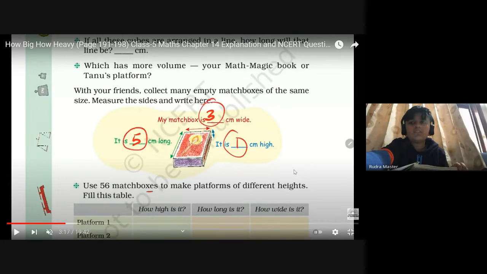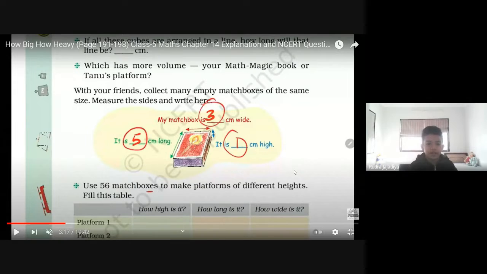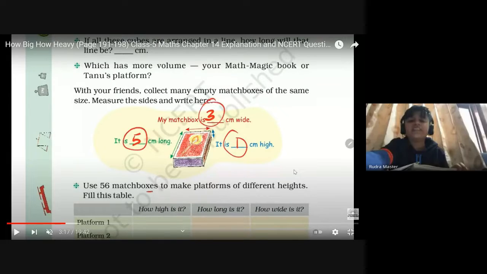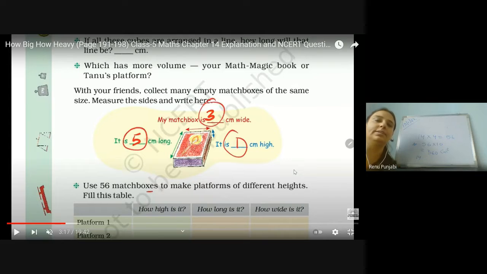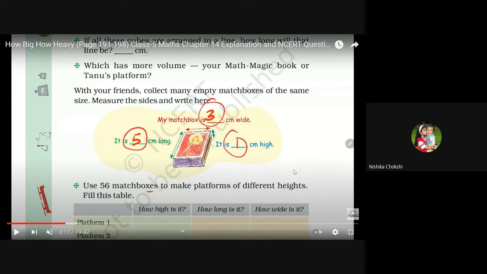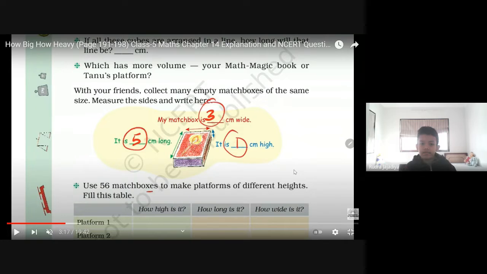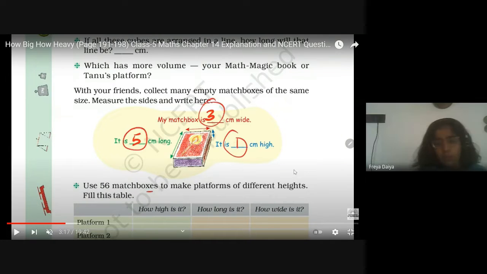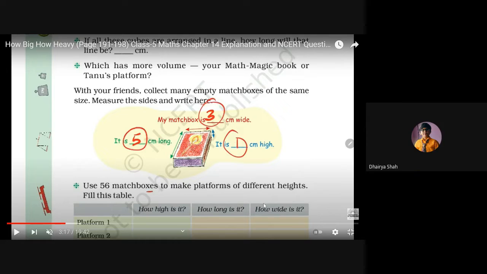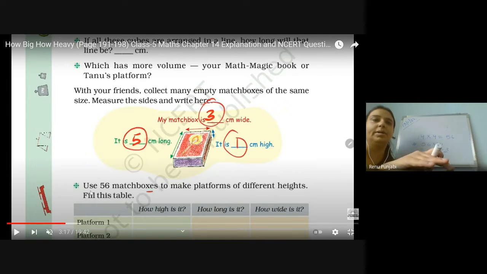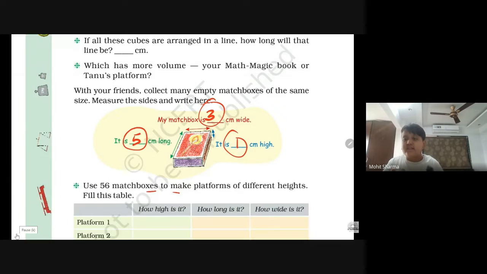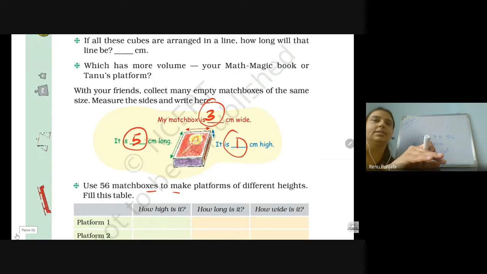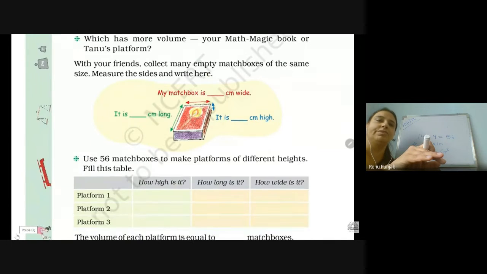It will be 15 cubic centimeter, not 16. 1 को add नहीं करना है, multiply करना है. 5 3s are 15 and 15 ones are 15.